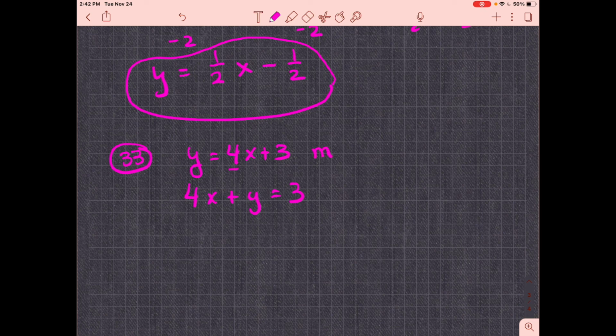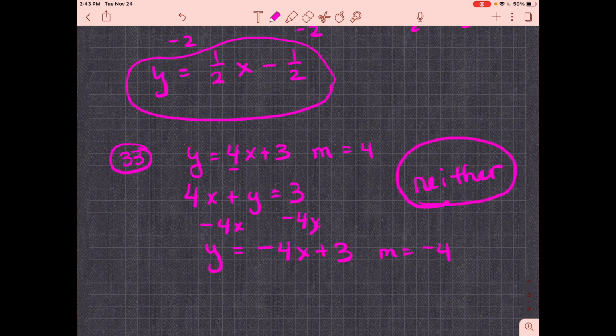The slope of this one is 4. The slope of this one, if I subtract 4x, I can look at this as y equals negative 4x plus 3, and then I know that the slope of this one is negative 4. Well, they are opposites, but they are not reciprocals. So they are not the same, so they're not parallel. They're not opposite and reciprocal, so they're not perpendicular, so they are neither. So that's how we test those.